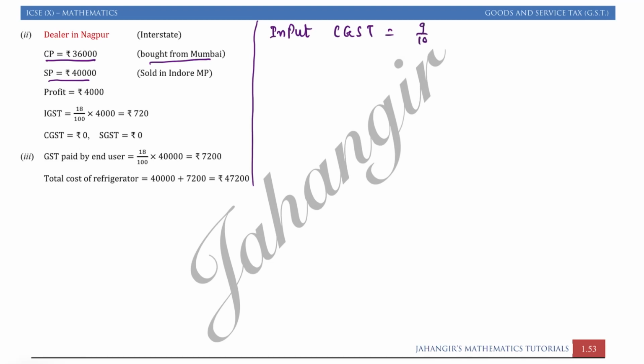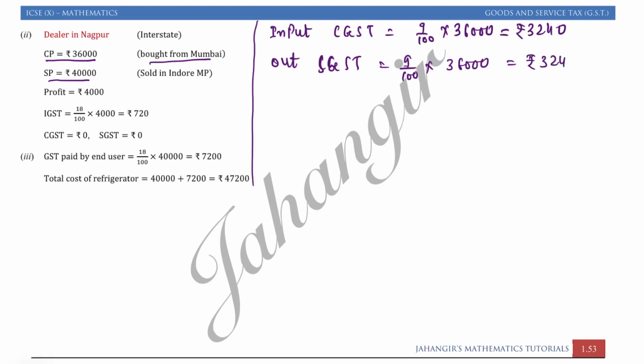So 9% of 36,000, that is 3240. Output SGST is again 9% of 36,000, that is again rupees 3240. So this was input tax.